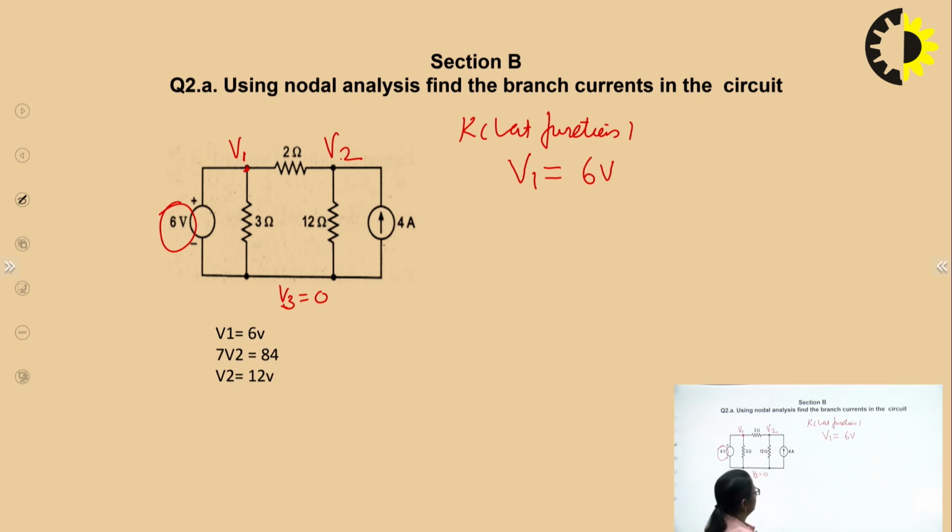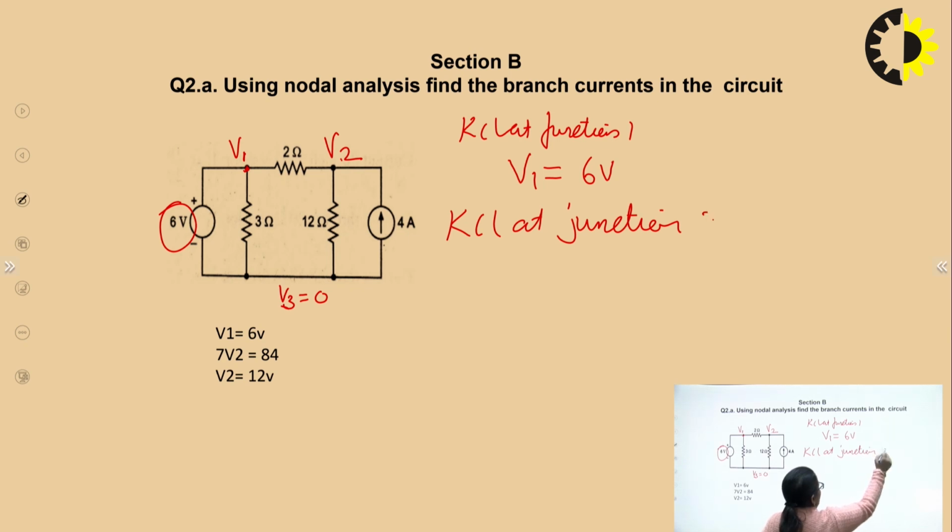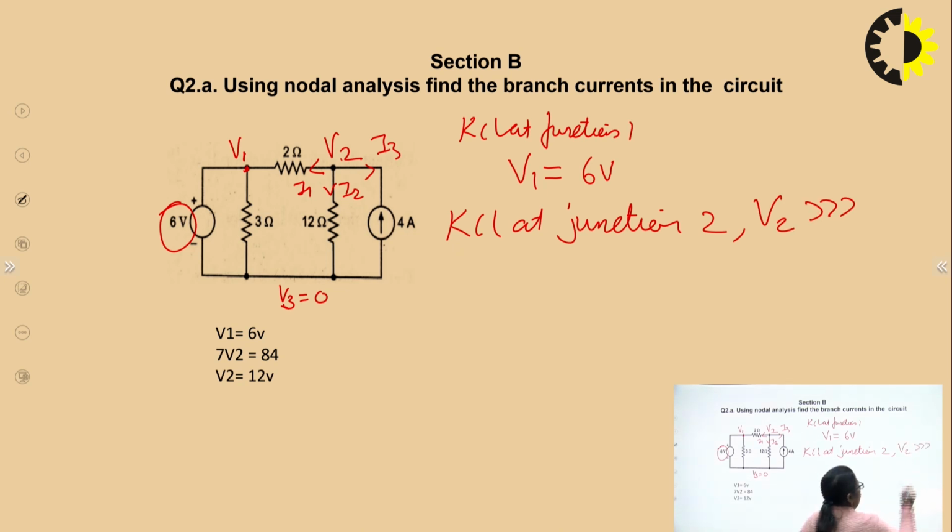Now, to get the equation, we need to apply KCL at junction 2. Consider the currents: I am considering this as I1, this as I2, this as I3. Considering that the potential at junction 2 is the highest, that means V2 is the greatest of all.